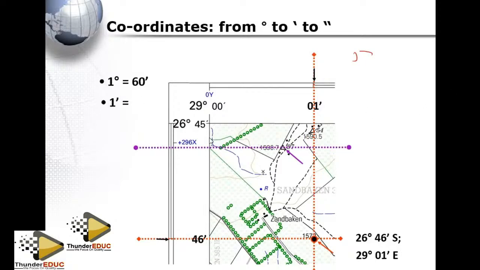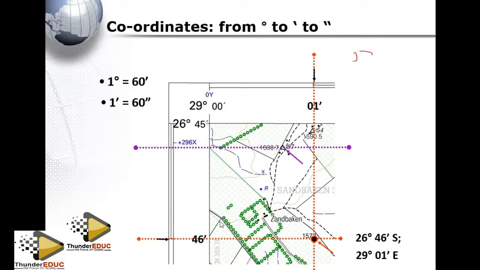Okay. And then it is somewhere there where it is lying. Don't forget that we said 1 minute is equivalent to 60 seconds, and seconds are represented by these two symbols here. So from 45 to 46, we have 1 minute, but 1 minute is also equivalent to 60 seconds.